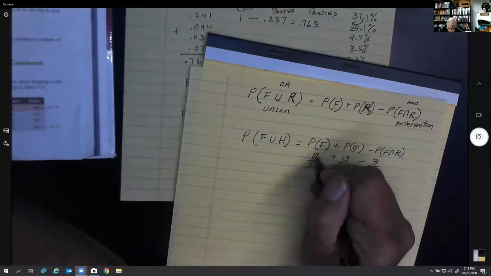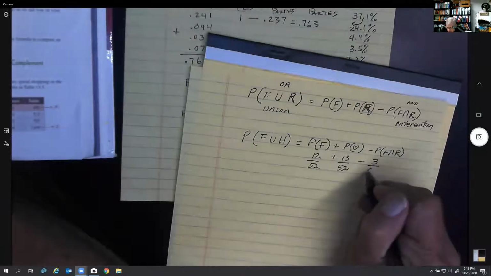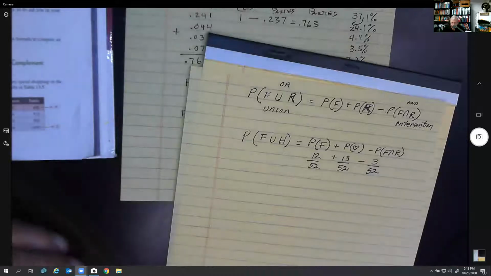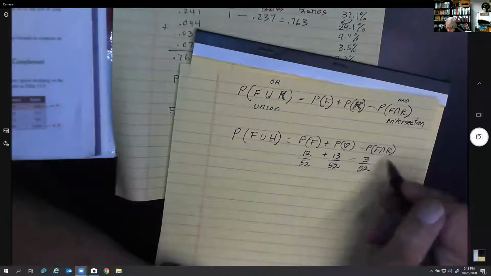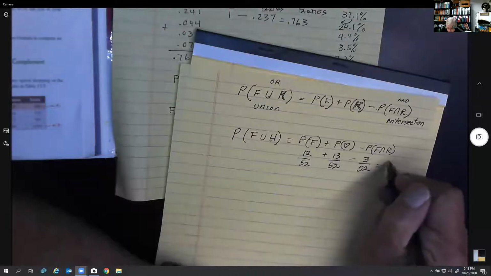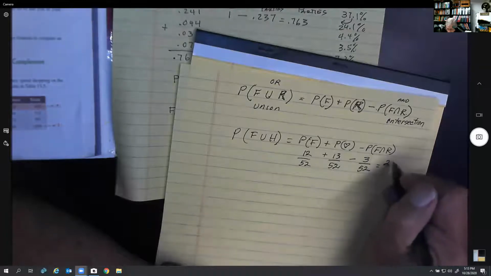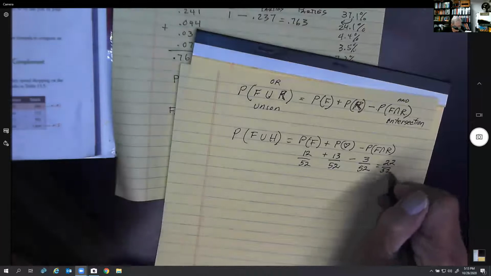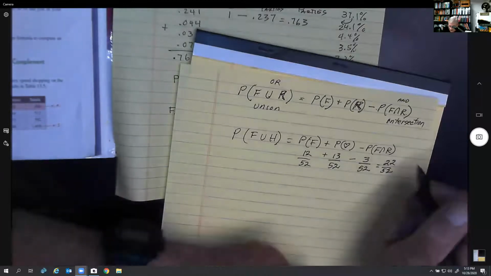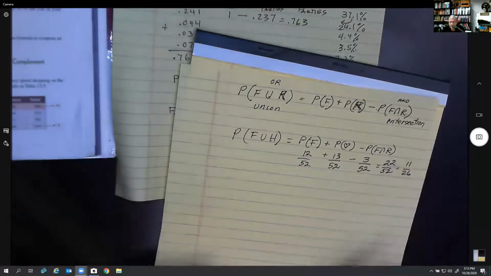You could either take it away from the 12 or from the 13, but you can't count twice. That would not be accurate. So 25 take away 3 would be 22 out of 52. Okay, that makes a little more sense. And then they reduce this by 2, 11 out of 26.